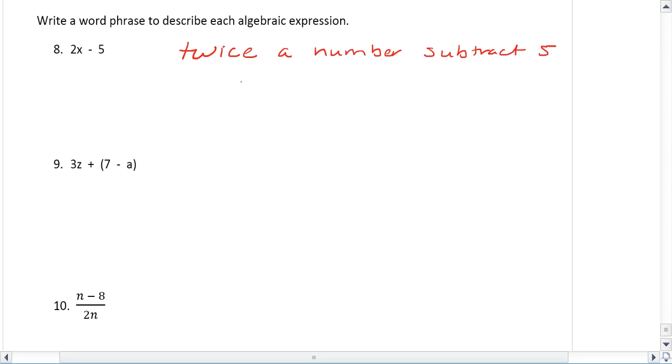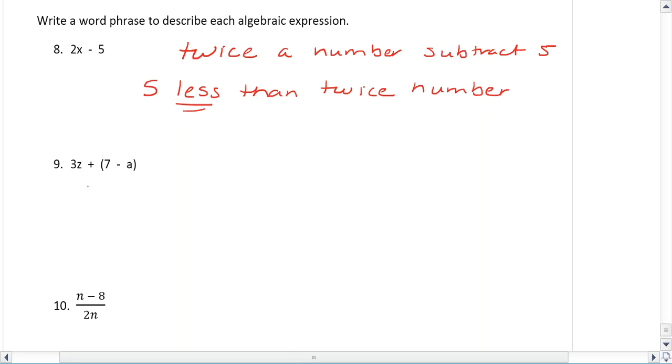Someone else could write 5 less than twice a number. That would also be fine. You have to watch that word less, because sometimes when they say 5 less than, that means the subtract is at the end. So this word less, be careful with it in your assignment.